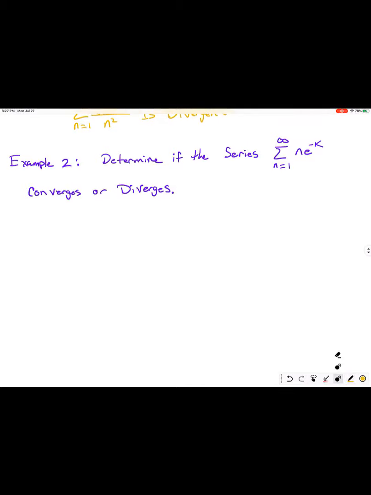Determine if the series n equals 1 to infinity of n times e to the minus n, if that converges or diverges. So again, I'm going to use the ratio test. And the ratio test, my a sub n plus 1 is equal to n plus 1 times e to the minus n plus 1.